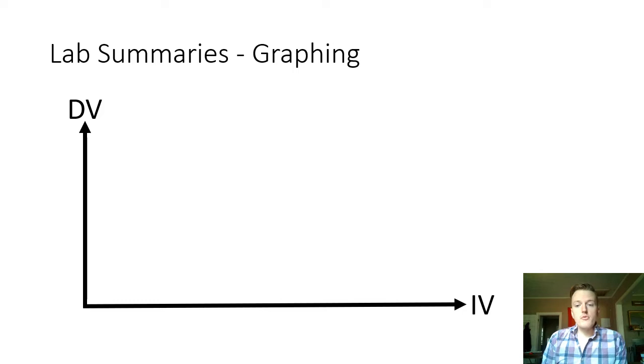I also wanted to go over graphing. In these labs, you're typically not going to get an explicit make a line graph or make a bar graph or whatever that is. But what you do need to make sure is that your graphs, however you decide to do it, demonstrate what you actually were observing and measuring in lab. Typically the dependent variable is going to go on the y-axis and the independent variable is going to go on the x-axis.